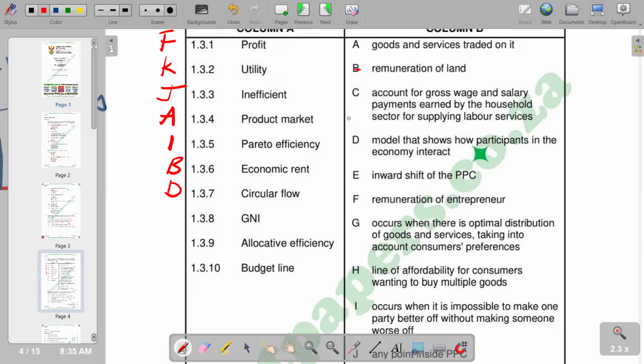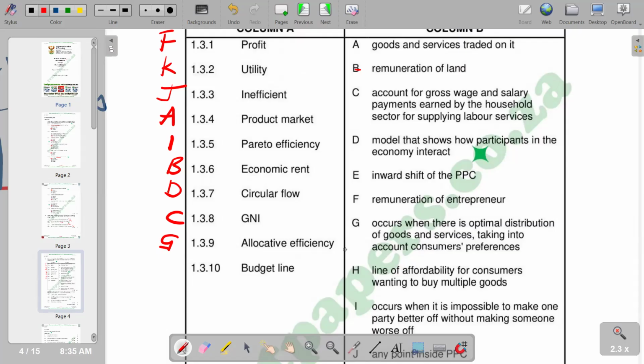C is the most appropriate, whereby we're saying it accounts for gross wage and salary payments earned by the household sector for supplying labor services. Remember, this is the gross national income, so this is part of the income, which we have on C. Then allocative efficiency: we go to G, occurs when there's optimal distribution of goods and services, taking into account consumer preferences. So we have G as the most appropriate.